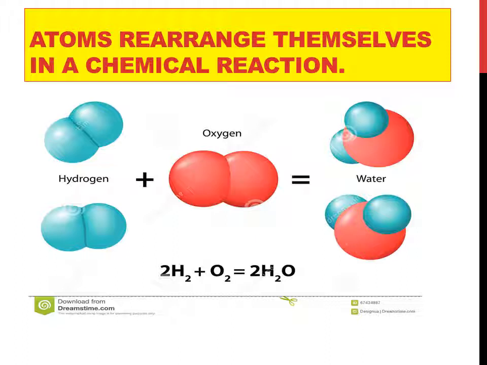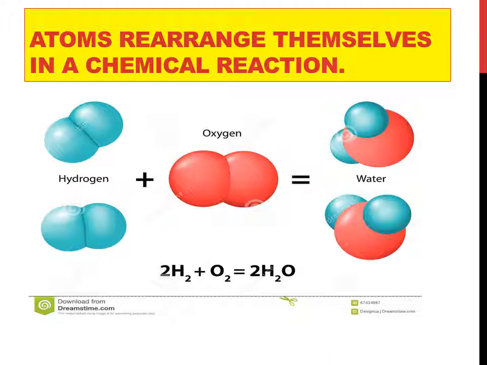Because the atoms rearrange themselves in such a change. In any chemical reaction, the atoms rearrange themselves. Here I have shown in the picture that we have hydrogen atoms and we have oxygen atoms. While they react with each other, the product is water.